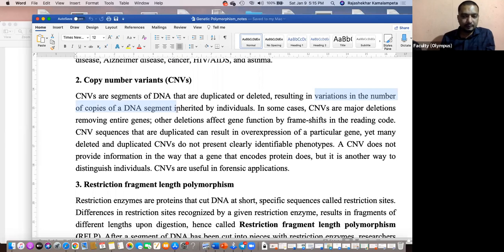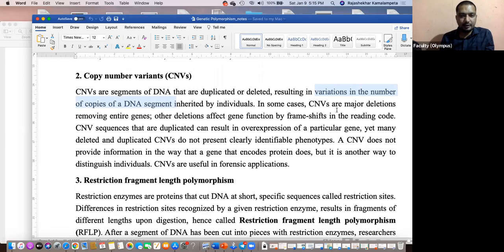In some cases, major deletions removing entire genes can happen. So deletions, not only duplications, can take place. Thereby the removal of those genes can make us read the information differently. It's like this. We actually have, let's say, CHAT, chat. H got deleted.